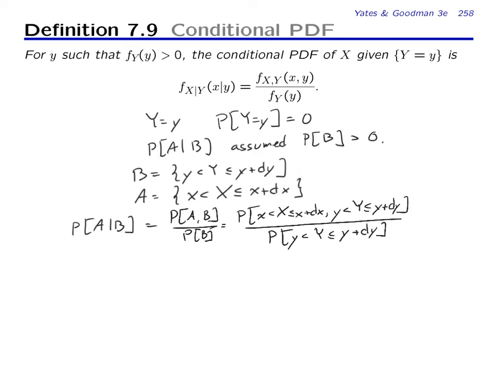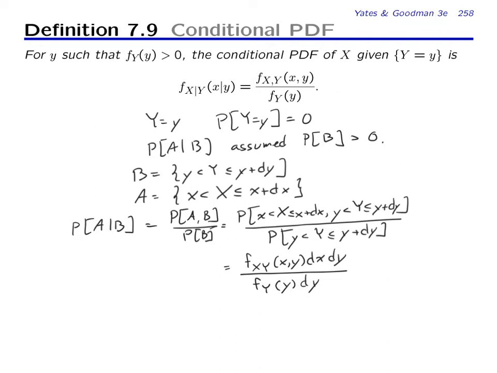And now both numerator and denominator in this expression we can write in terms of density functions. The numerator is the joint PDF of x and y times dx times dy. And the denominator is the marginal PDF of y times dy.